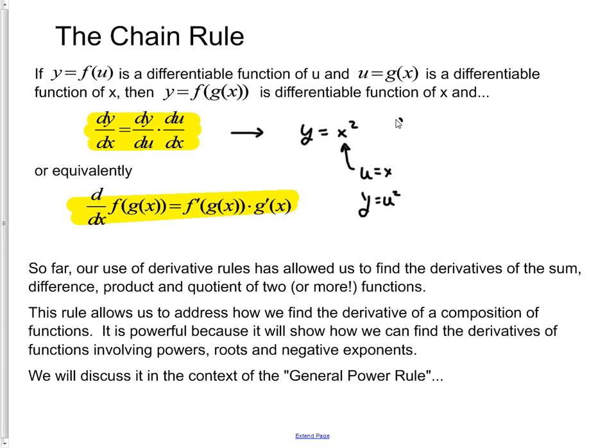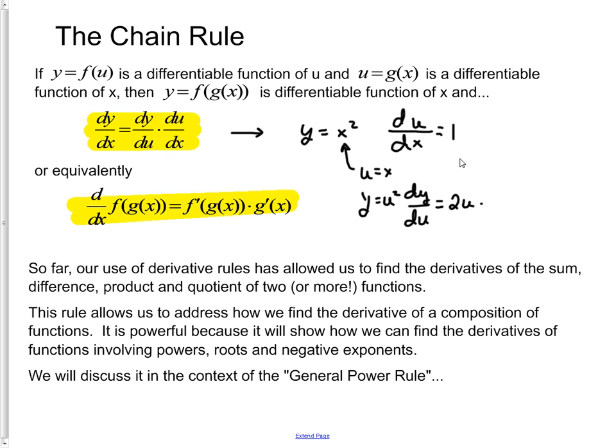We know that if we take the derivative of y with respect to u, we're going to get 2u. And if we take the derivative of u with respect to x, we're going to get 1.